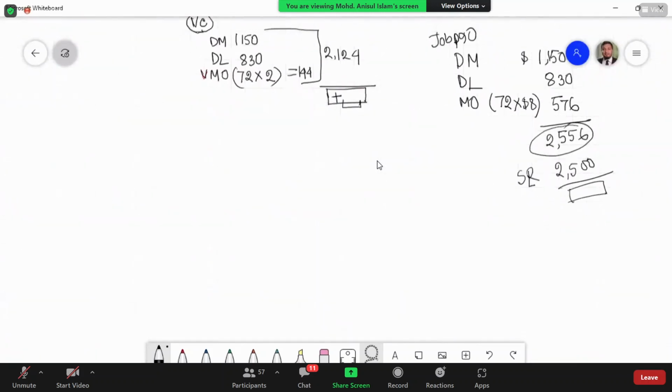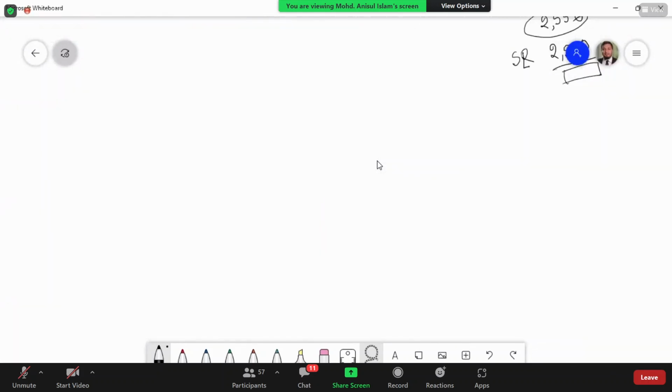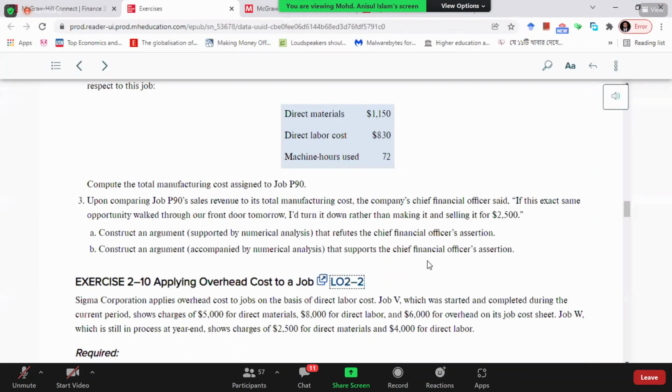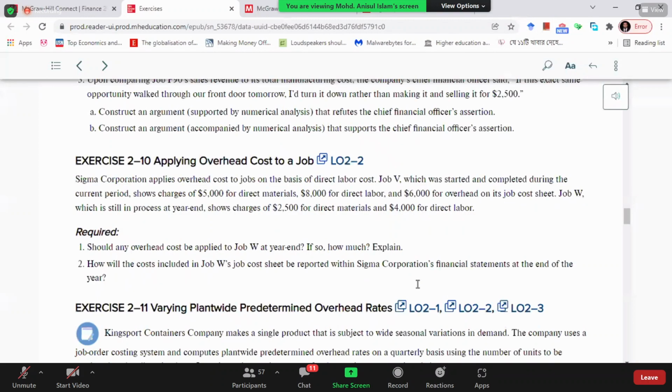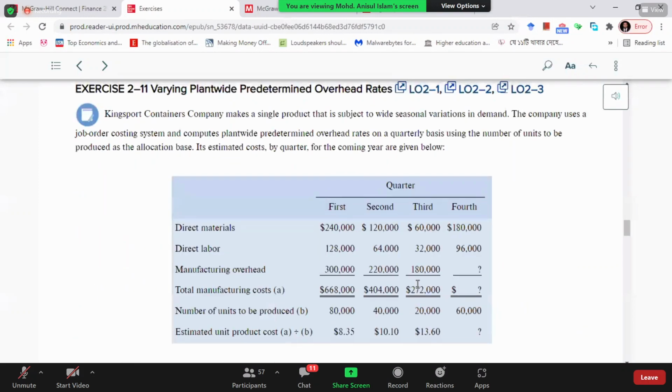So we have some time remaining. By this time, what can we do? We can look for another interesting problem, and let's try to solve it together. But before that, let's explore what the problem is. Okay, this one, exercise number 211, varying plant-wide predetermined overhead rate.